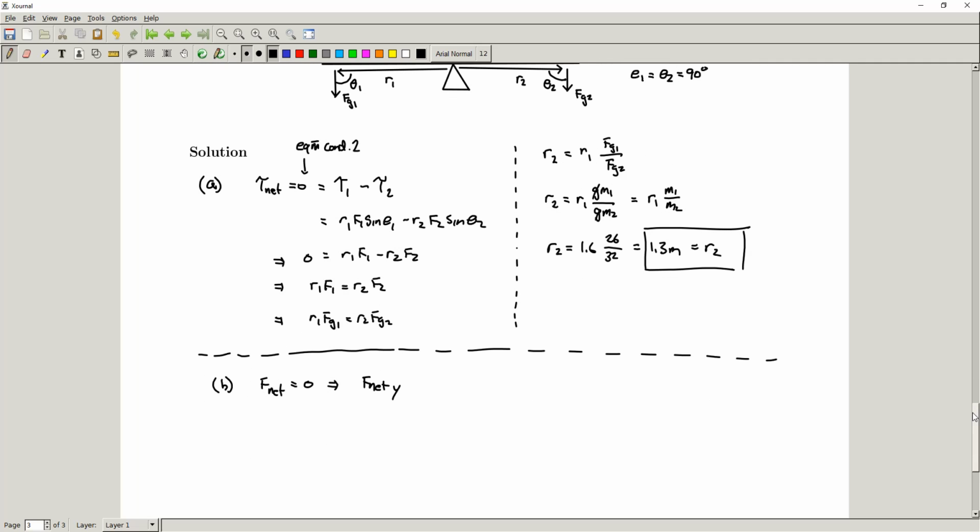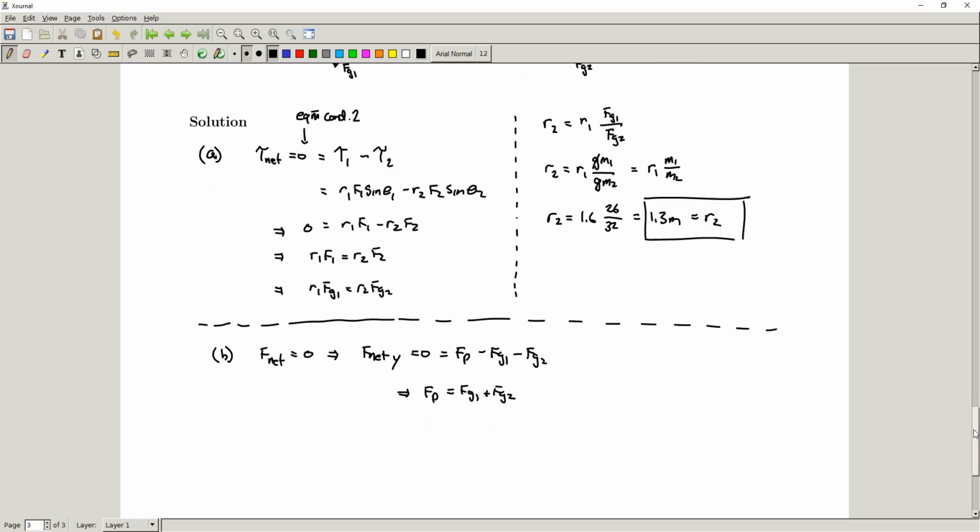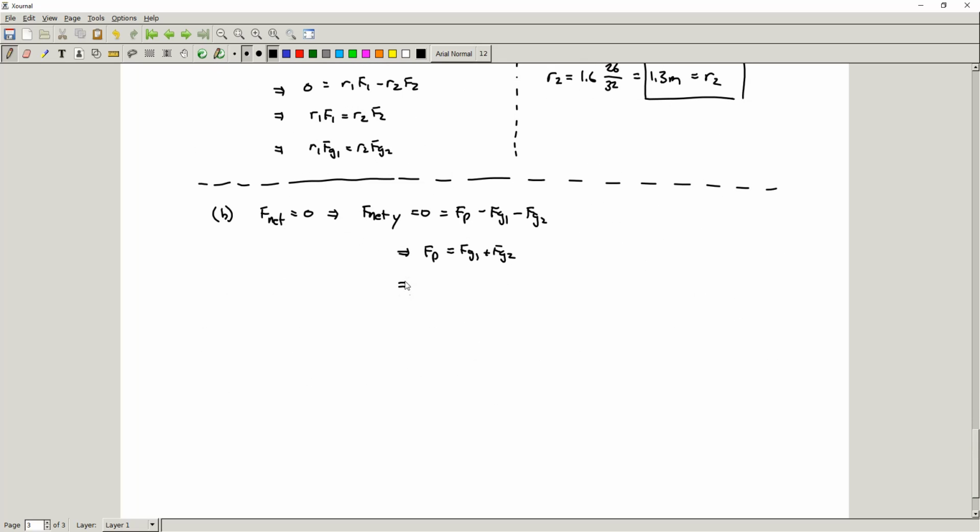And so we know that F net in the y direction needs to be equal to 0, but it's also equal to FP in the positive direction and minus Fg1 minus Fg2 in the negative direction, right? And so now we can solve for FP as we've often done before. Just cleaning things up, we won't have to discuss this too much again because we've done this many times before.